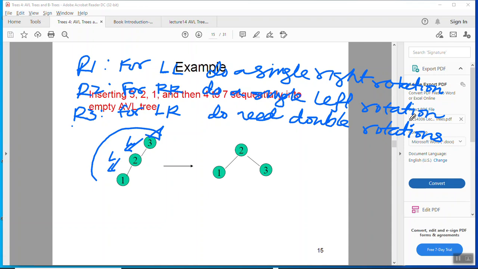And how do we do that kind of double rotation? That is a tricky thing, and I want to give you a nice and intuitive technique so that you remember this forever, and you never forget it.